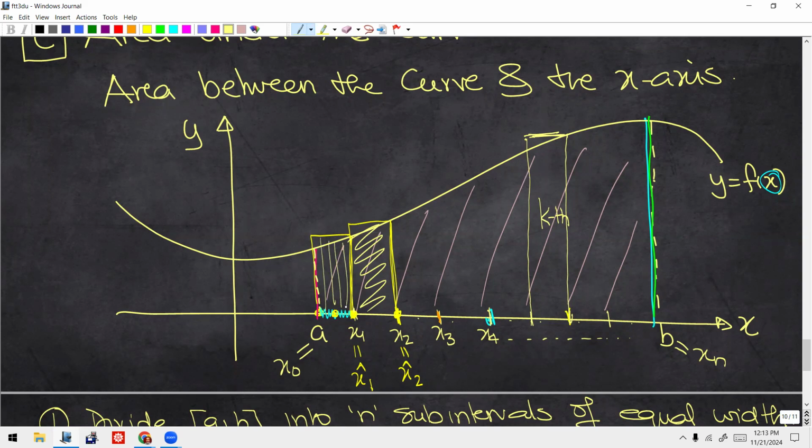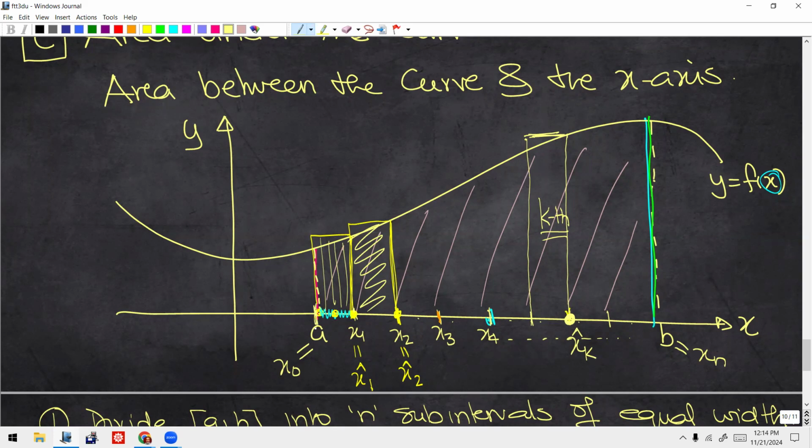That's all it is. So if this is my kth rectangle, what will be the formula for this point? Because won't this become my evaluation point for that rectangle? And what did we call that? x hat sub k for the kth one. So what will be the formula for that? How far is it from the start? Start would be here, correct?